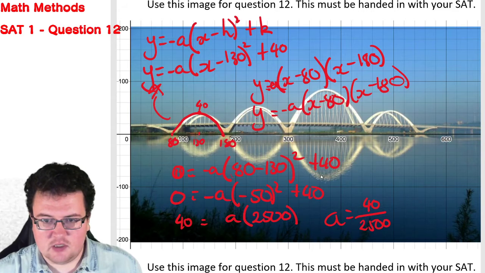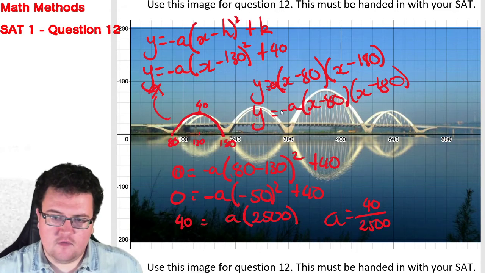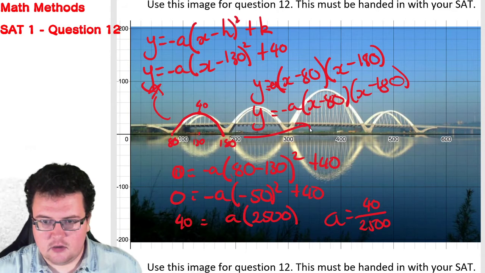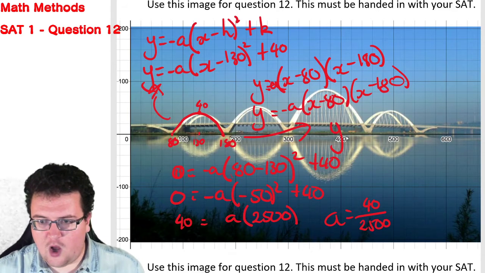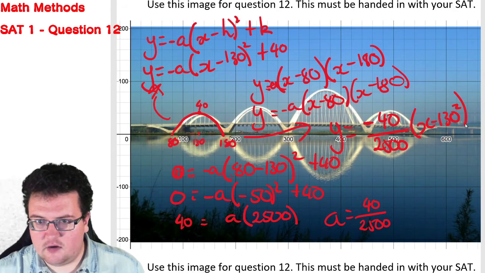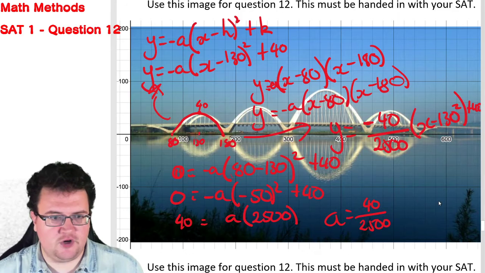So I know that the equation that describes this curve here is going to be y equals negative 40 over 2,500 (x minus 130) squared plus 40.